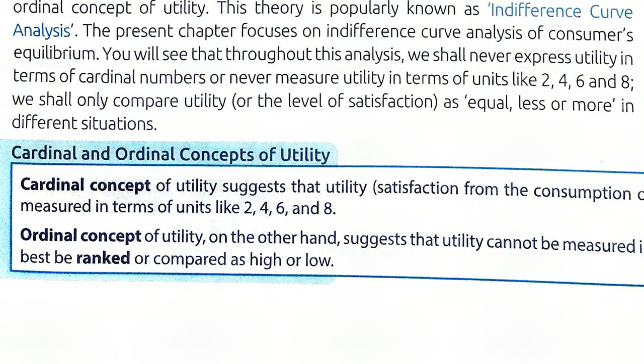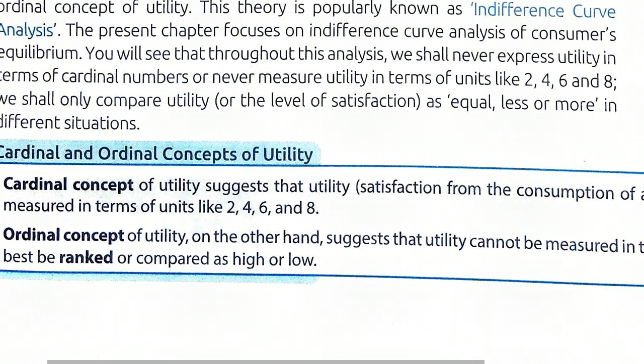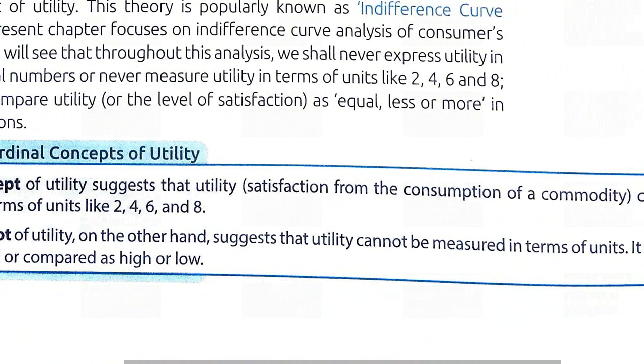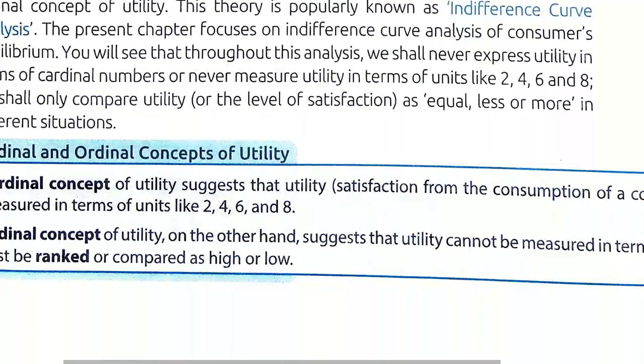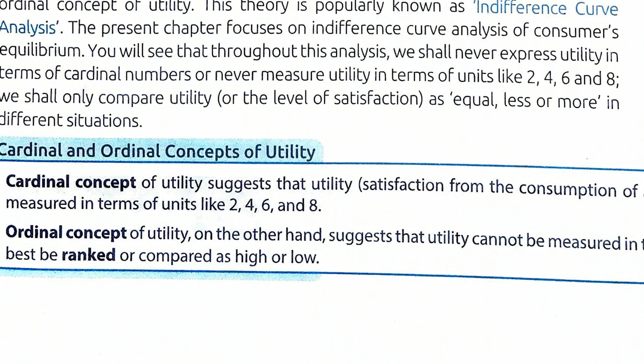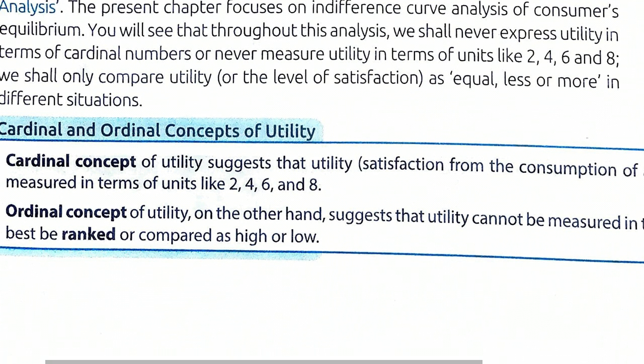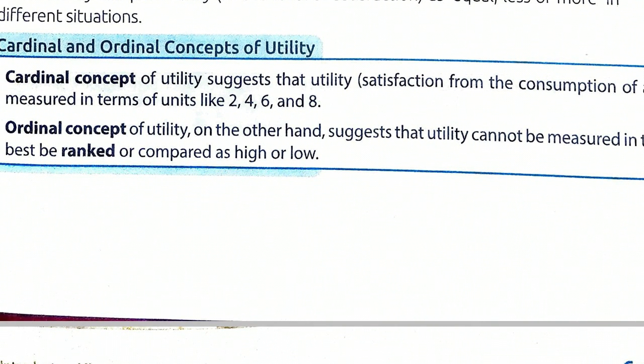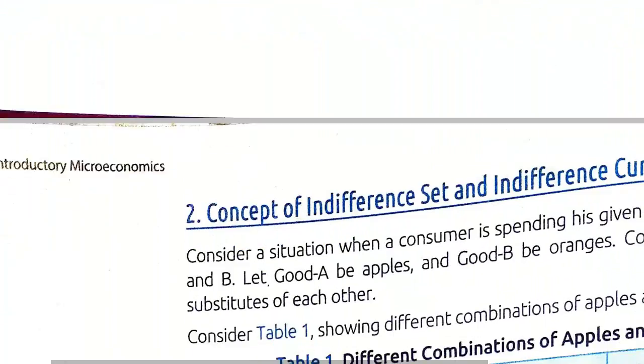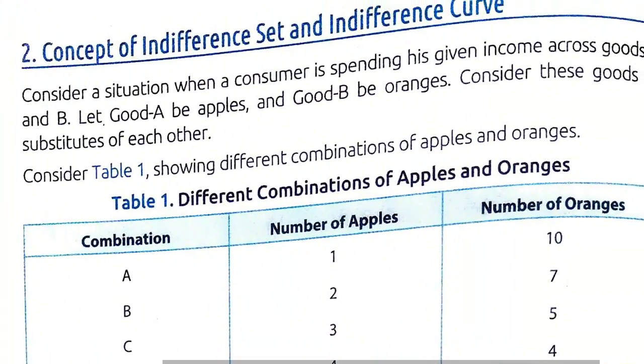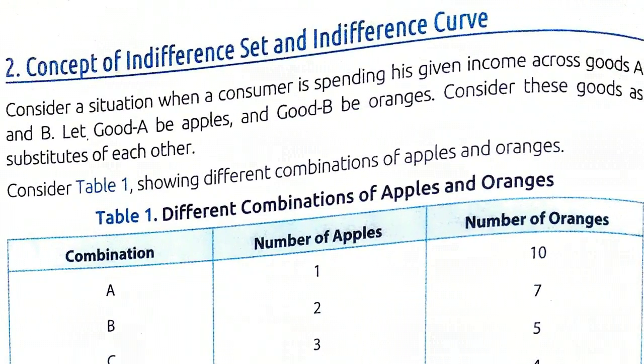The cardinal concept of utility suggests that utility or satisfaction a consumer gets from a commodity can be measured in terms of units like 2, 3, 4 and 6. The ordinal concept says that utility cannot be measured but it can be given a rank, or it can be compared as high or low.